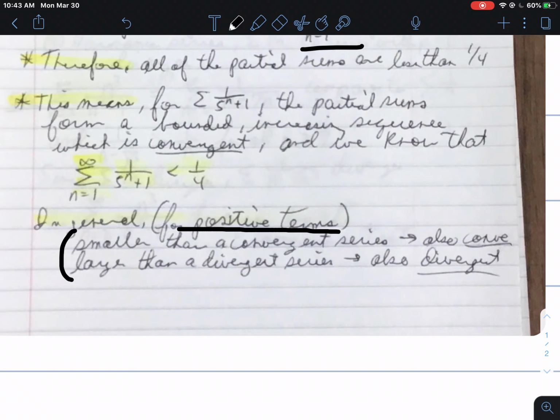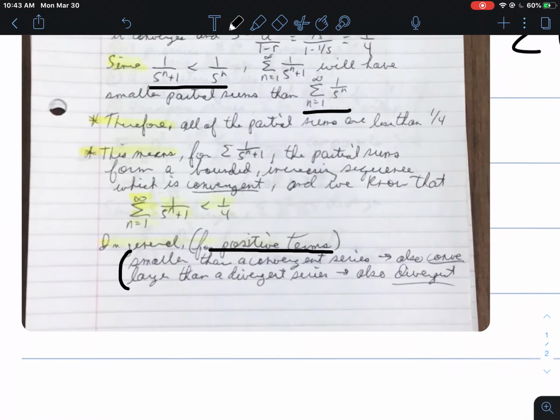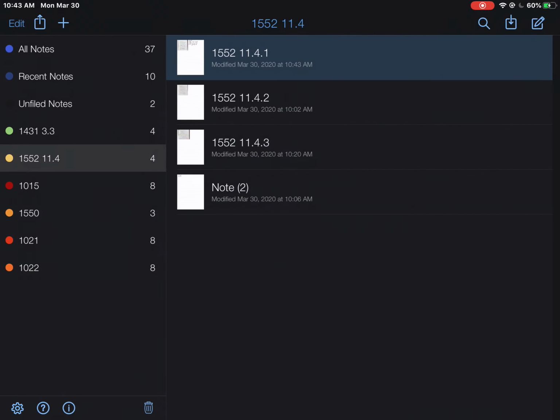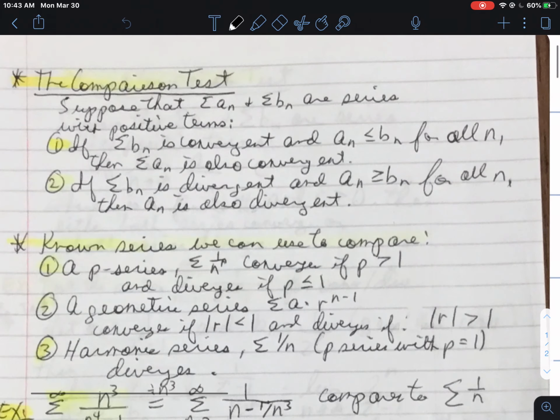So when you're using comparison tests, there's actually two things that you have to be careful of. First of all, you have to recognize which series you're going to compare it to. You have to compare it to a series that I know something about, that either converges or diverges. Secondly, you have to have the right comparison, right? In order to use what we're calling, I'm going to write up here, the direct comparison test.